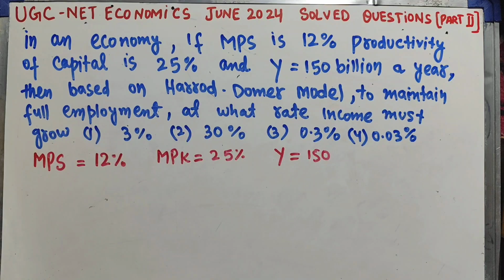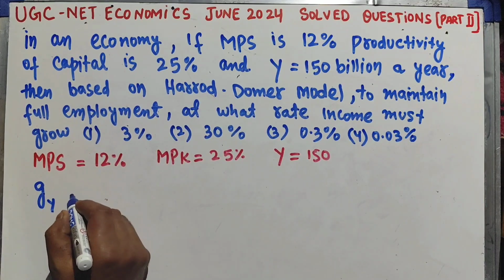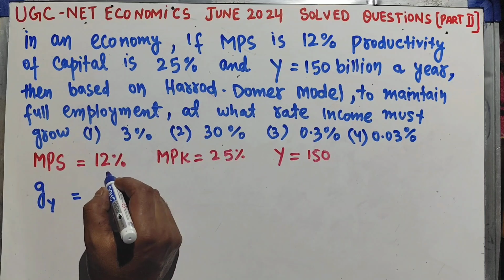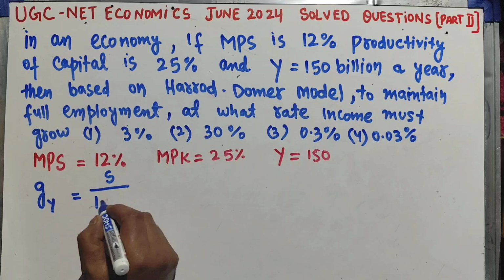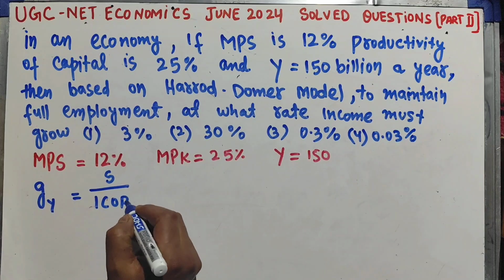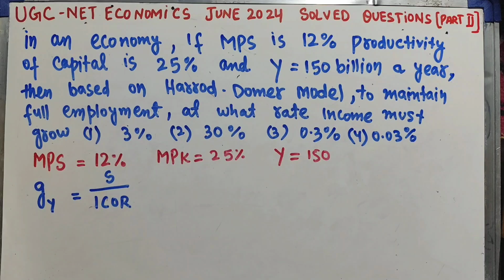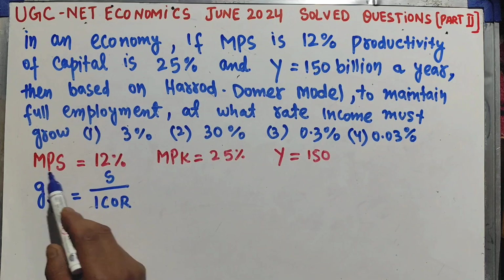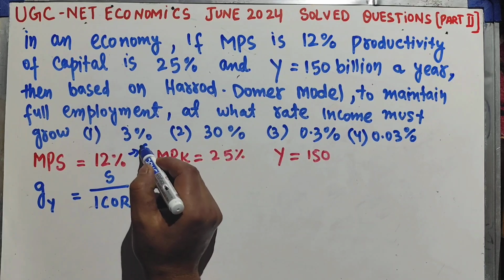So the basic Harrod equation is that growth of income, denoted by G subscript Y, should be equal to the savings income ratio, that is S upon the incremental capital output ratio. Okay, so S upon ICOR, this is the equation for the growth rate of income in case of the Harrod model. Now marginal propensity to save is 12%, that means this is our S.